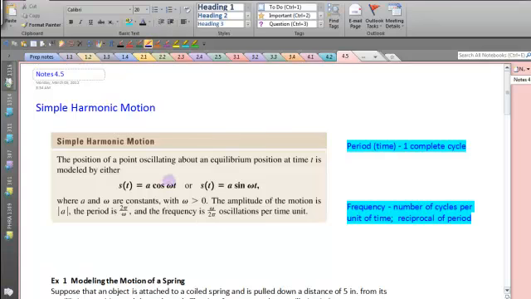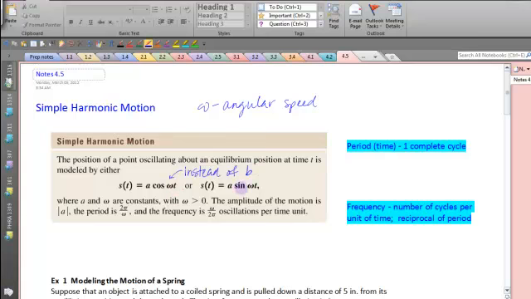Remember that this is angular speed, and angular speed is actually taking the place of what we used to have for b. So instead of a b variable right here, we have angular speed.